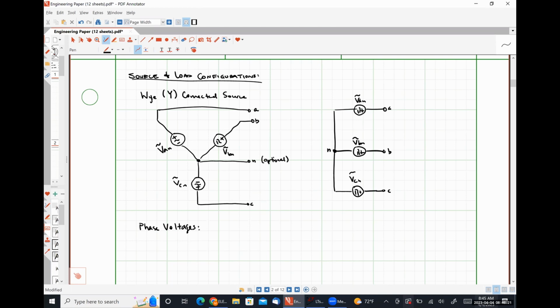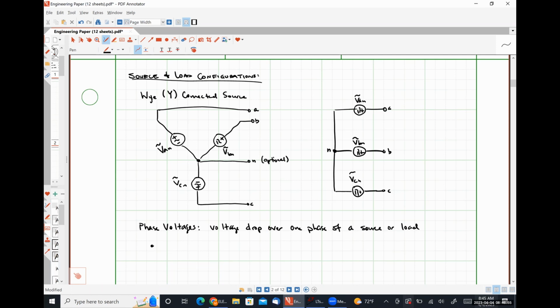So phase voltages are, by definition, the voltage drop over one phase of a source or load. Since we're talking about sources right now, our phase voltages will be the voltage drop over one phase of our source.